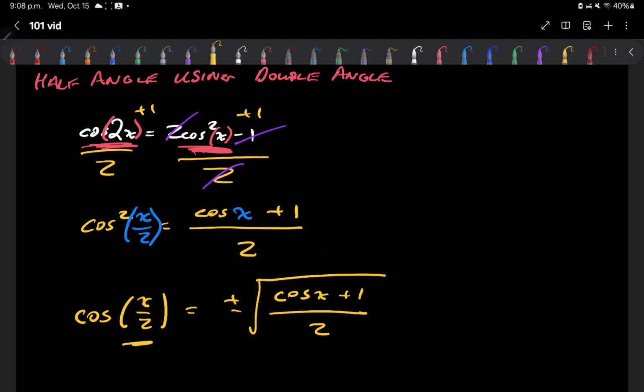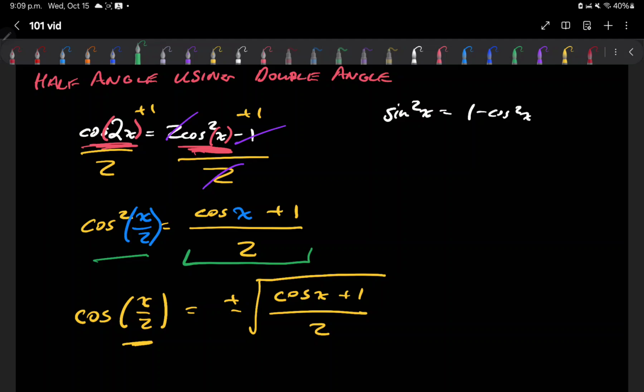So now we're going to find our sine half angle identity. We're going to start off with a form of our Pythagorean identity in which we isolated for sine squared, which is equal to 1 minus cos squared. So we are going to substitute our cosine half angle. We know that the cos squared of the half angle is equal to all this.